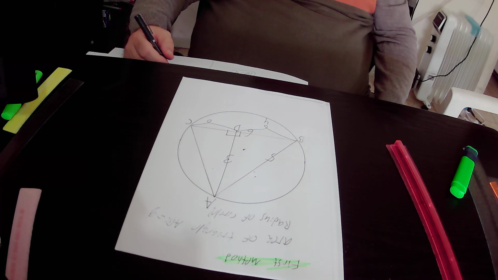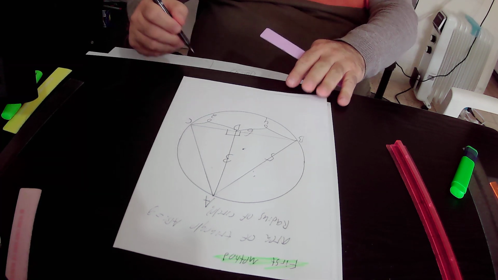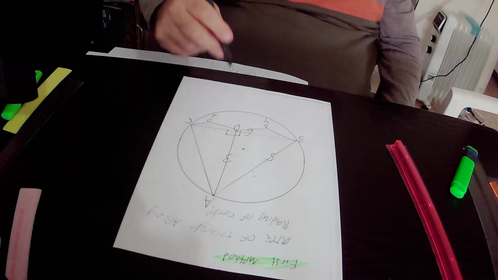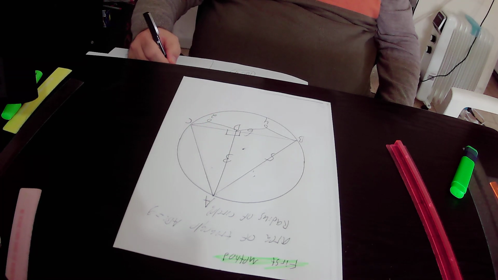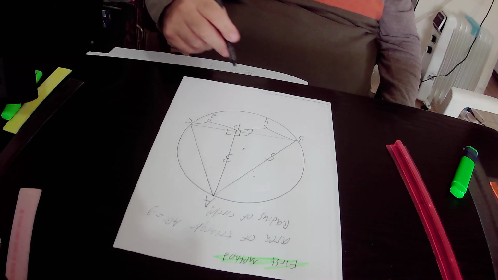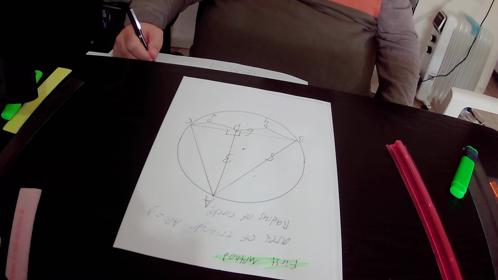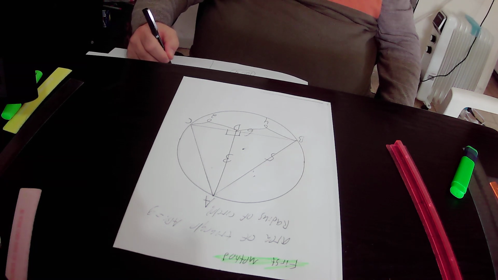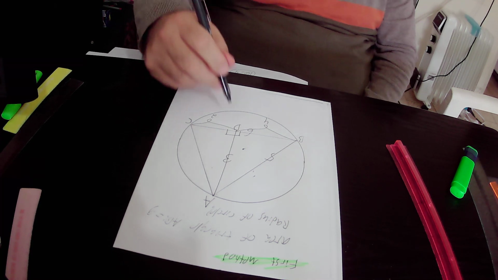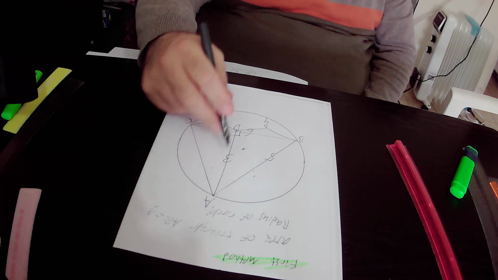So AD squared, AD is 3 of course, and DC squared, DC is 2. The square of the hypotenuse equals AD squared, that is 3 squared, 9, plus DC squared, that is 2 squared, 4. In triangle ADC, the square of the hypotenuse is AC squared, and AC squared equals AD squared plus DC squared.